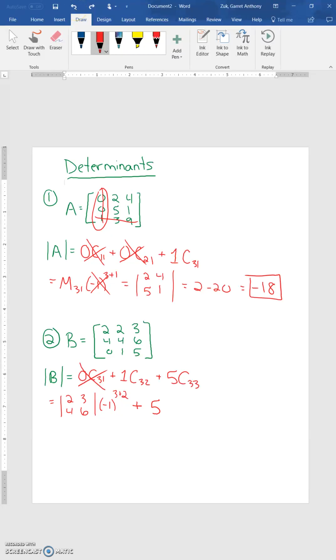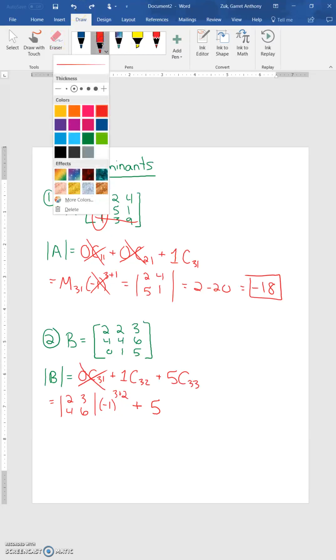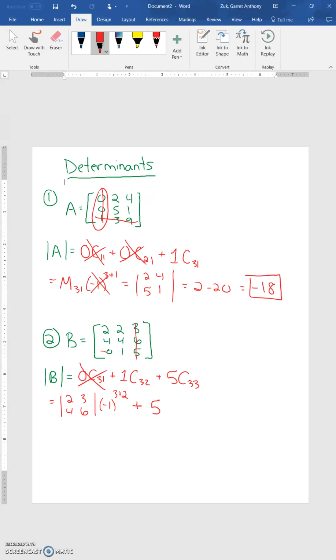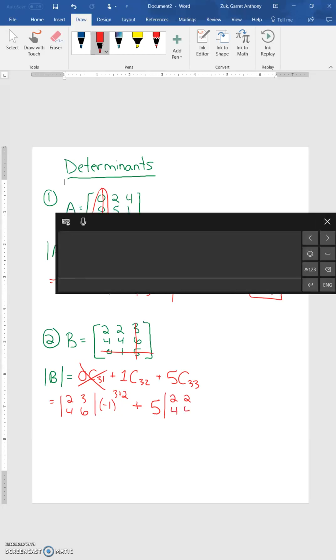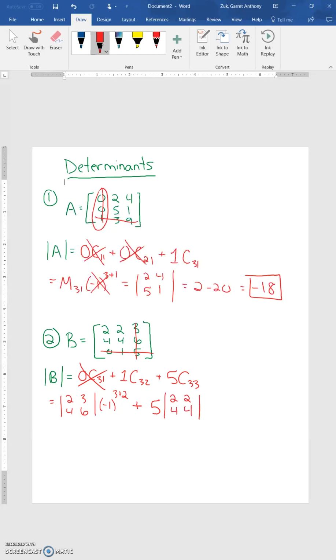We're eliminating third row, third column. We've got this minor here, times, again, negative 1 to the 3 plus 3 now. That's negative 1 to the 6th, so that's just 1.